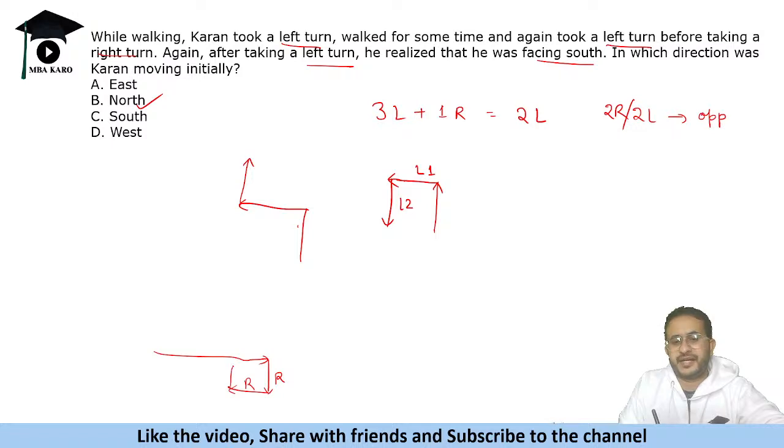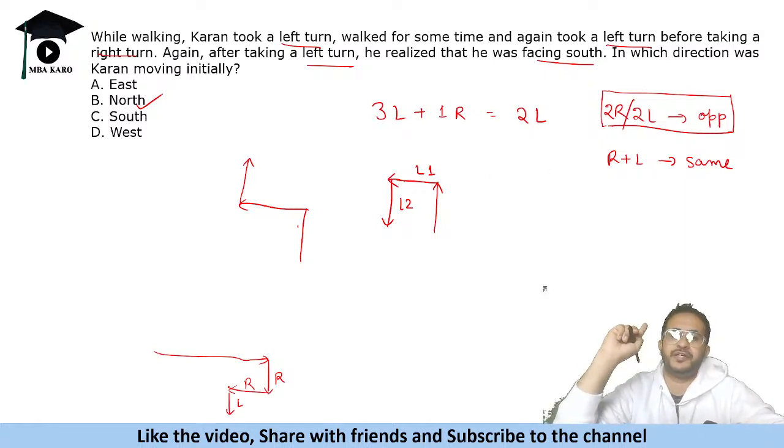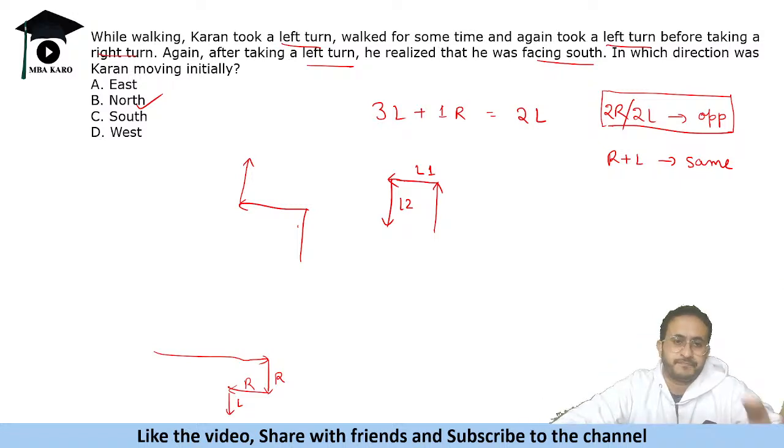If he takes right again, he will go in this direction. If he goes left, he will go against this direction. So two lefts or two rights make it opposite, and right plus left keeps the same direction. Remember this. If you get the first right or left correct, it is easy to make the journey of that person.